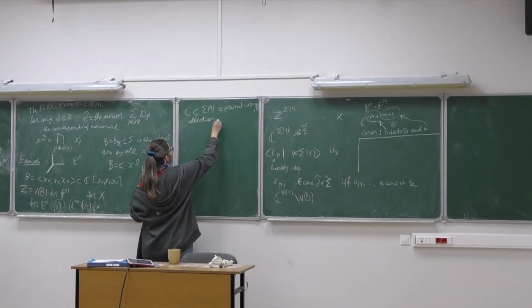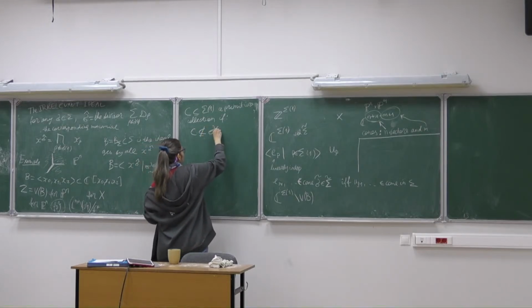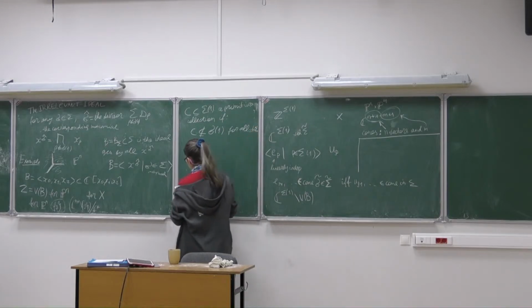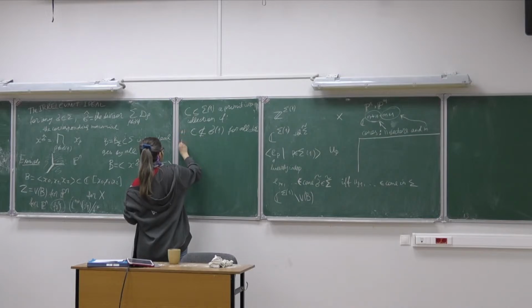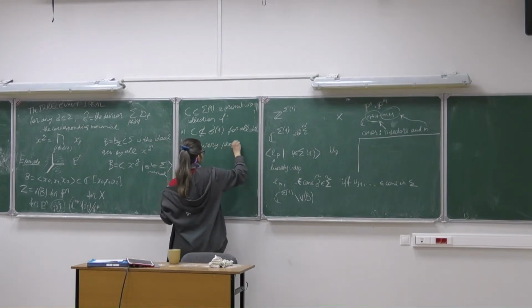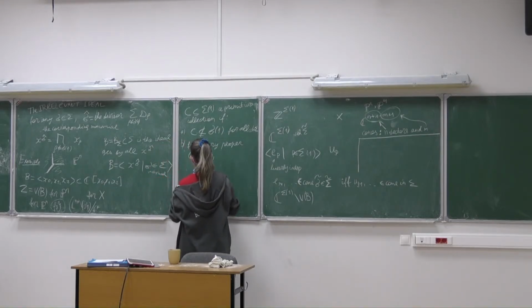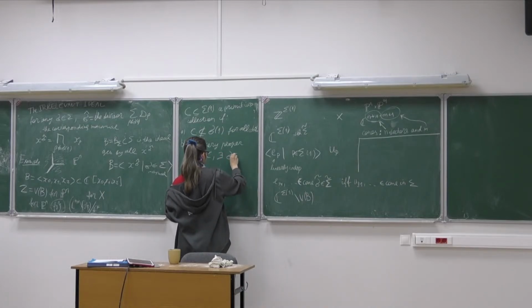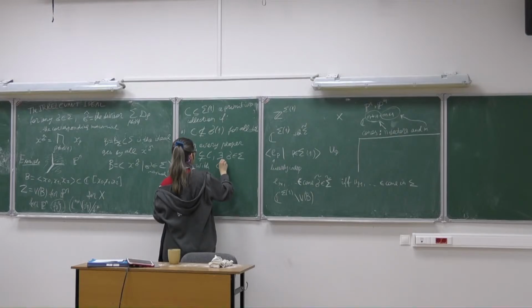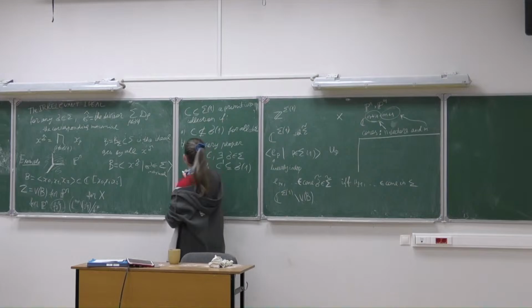It is a primitive collection if, first of all, C is not in one cone of sigma, and the second is that for every proper subset C prime of C, there exists a cone in our initial fan such that C prime is in some sigma 1.